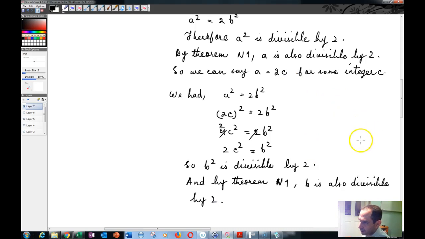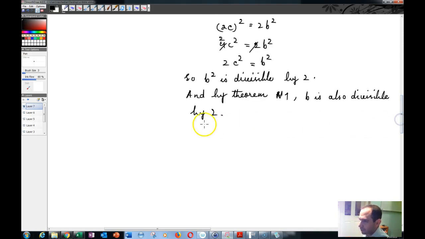So what we said is that now a is divisible by 2, and so is b.